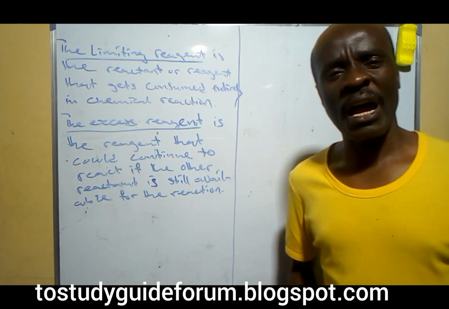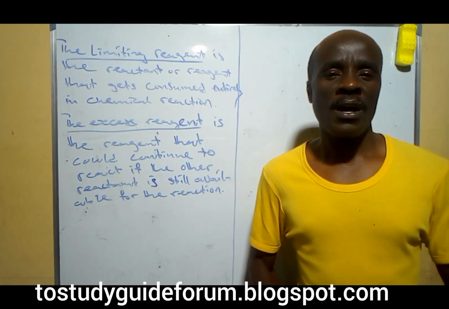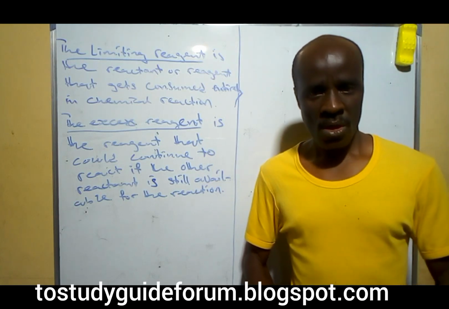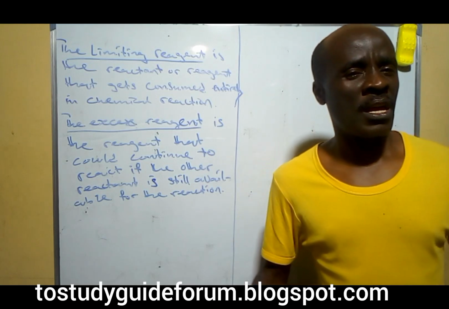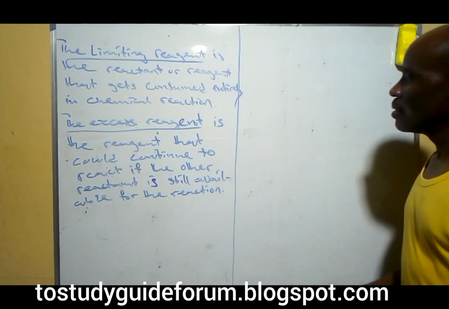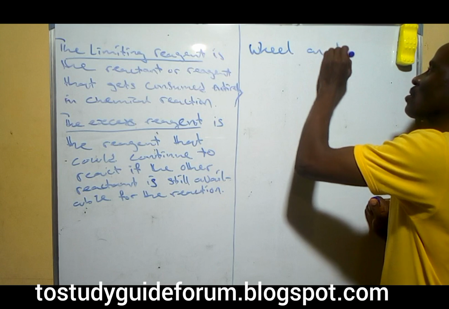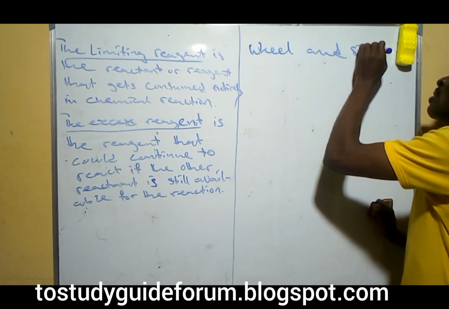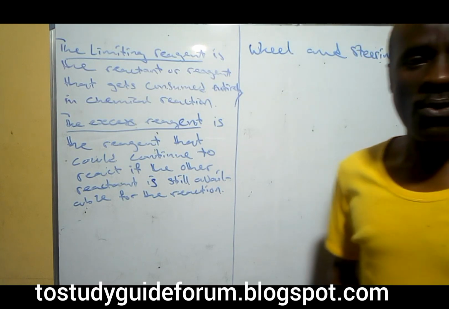For example, let's say that we have a company that produces tricycles, and assuming that everything about the production of the tricycle remains constant except the wheel and the steering, which are what we need to provide.